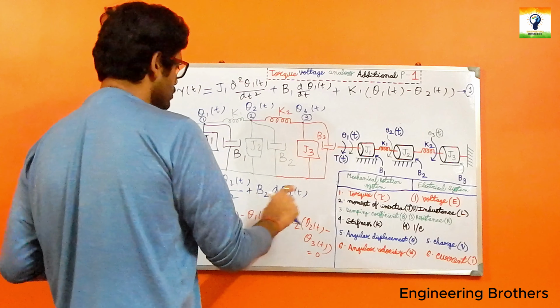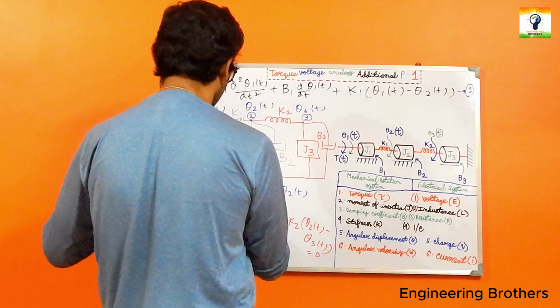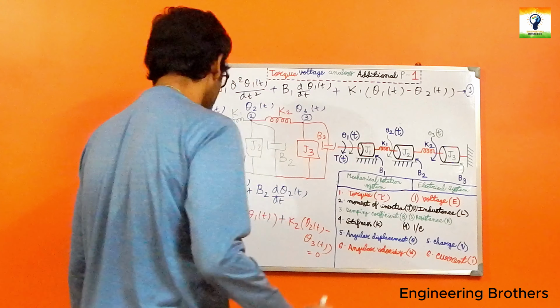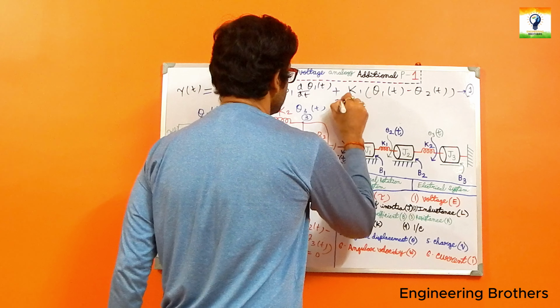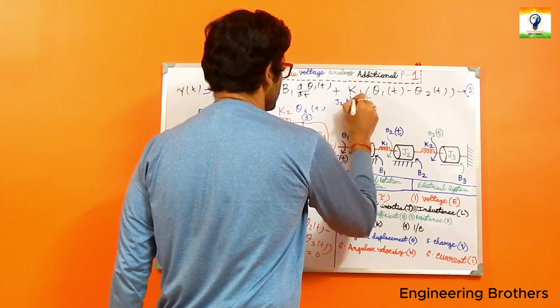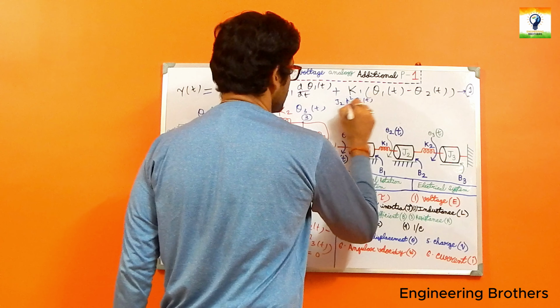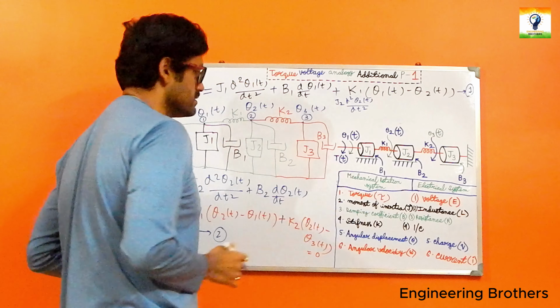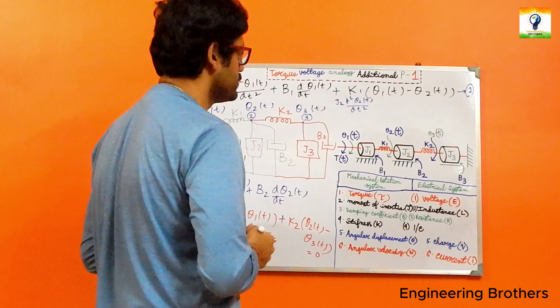So to have more space, I need to rewrite our equation 2 in this smaller space over here. So the equation is J2 d²θ2(t)/dt². As we can see, we have less amount of space.